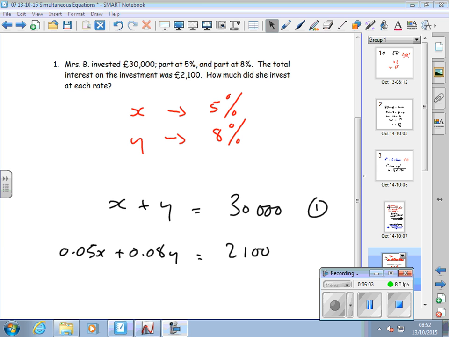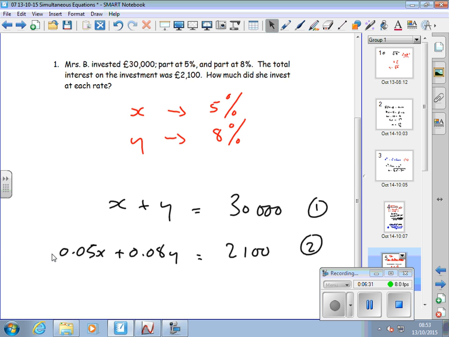Another one would be then 5% of x. And this is 5% of x, times it by 0.05, isn't it? Divide it by 100 and times by 5 to get 5%. Divide by 100 times by 8, in other words, multiply by 0.08, and you'll get 8% of y. And those two added together make 2,100. Exactly right. So that's our second equation.